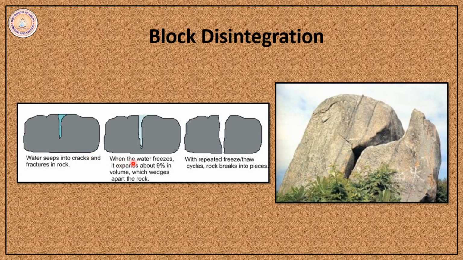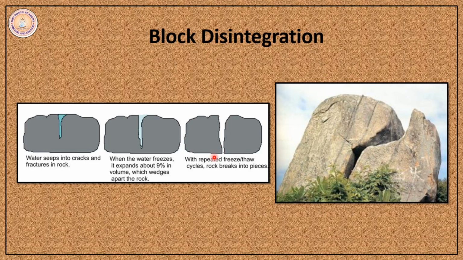Now due to low temperature during the night, this water freezes, and frozen water increases in volume, and it exerts a lot of pressure on either side of the crack. This leads the rock to break in the future.